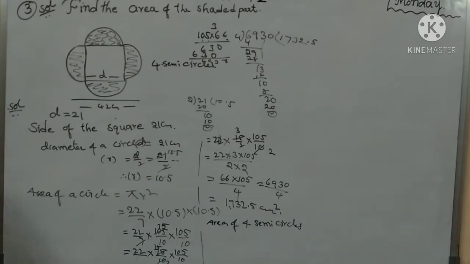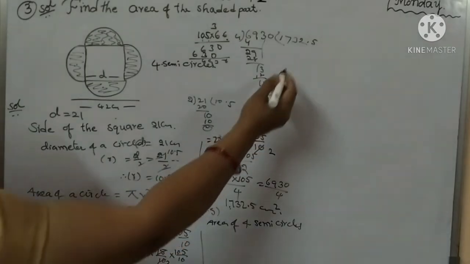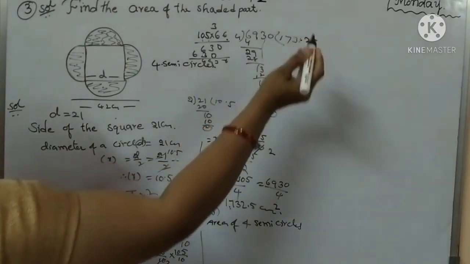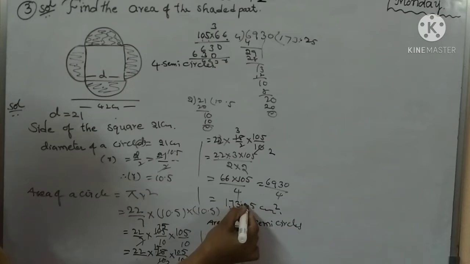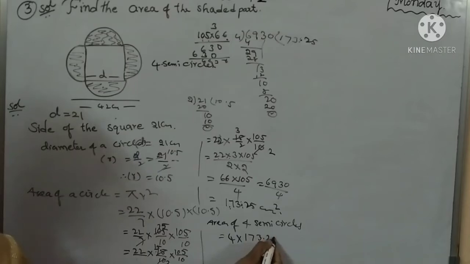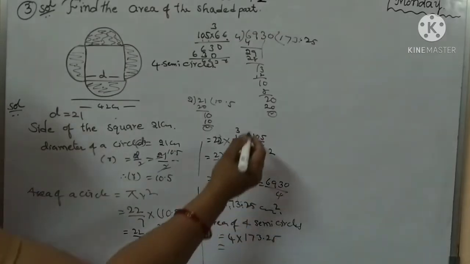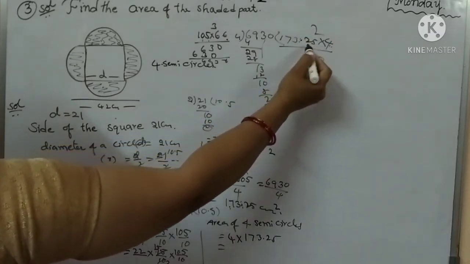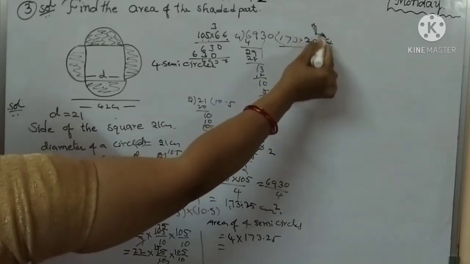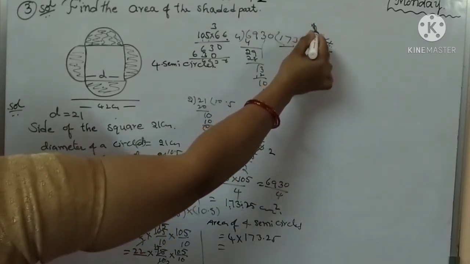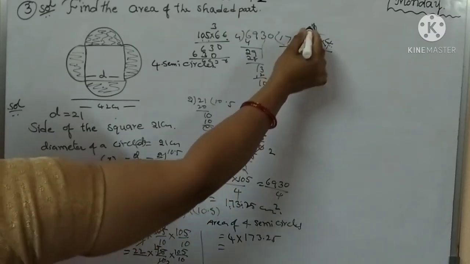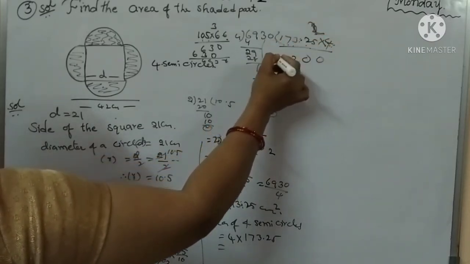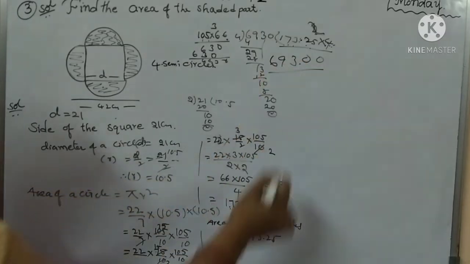So here how many points after 0? Yes, here 173.25. So here write 4 into 173.25. 4 fives are 20. 4 twos are 8 plus 2, 10. 4 threes are 12 plus 1, 13. 4 sevens are 28 plus 1, 29. 4 ones are 4 plus 2, 6. 693.